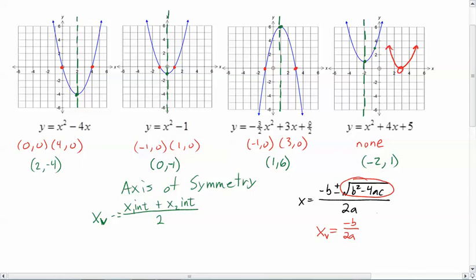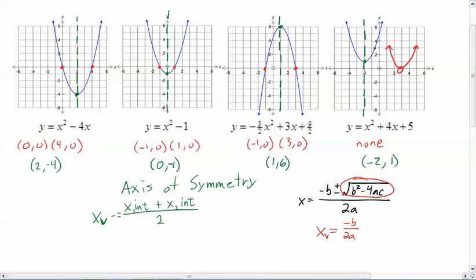And so again, we've gotten another piece of information about these quadratic graphs. So in summary, I want to remind you of a couple of things. Number one, the axis of symmetry always passes through the vertex. Number two, the axis of symmetry, or the x value of the vertex, can always be found by taking the two x-intercepts and finding the center, by averaging them essentially.